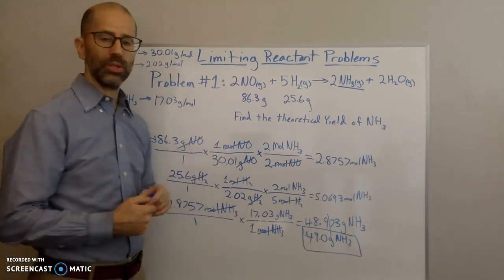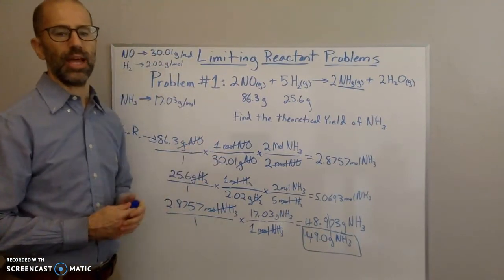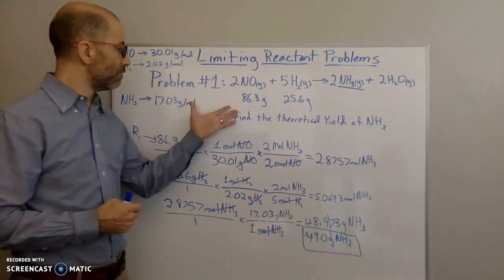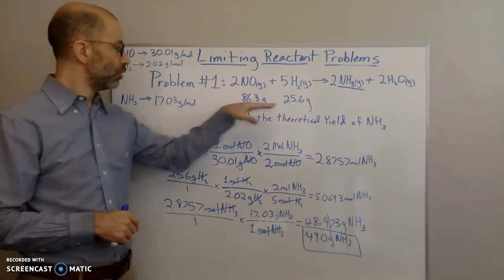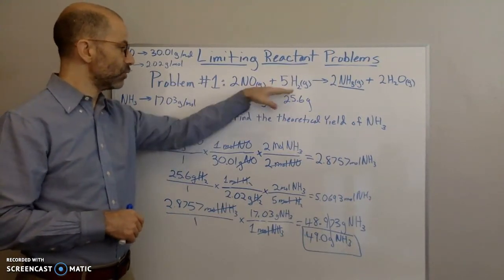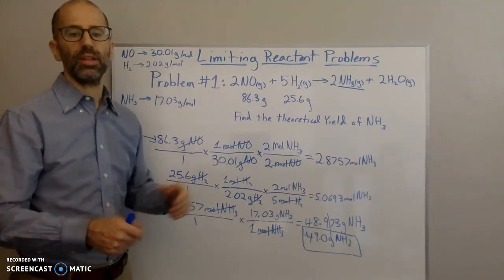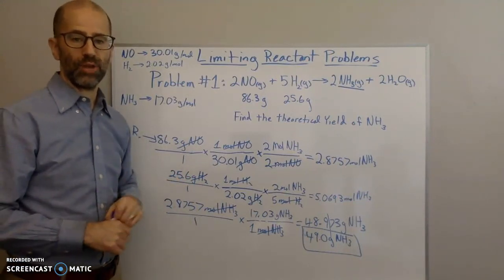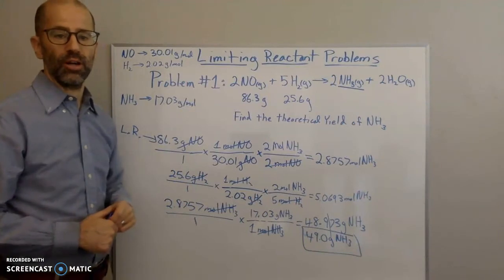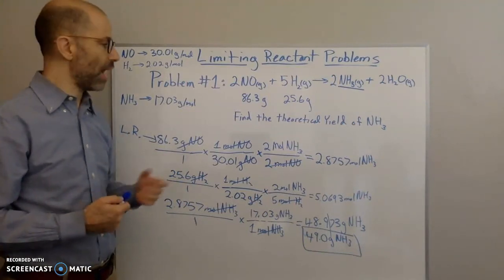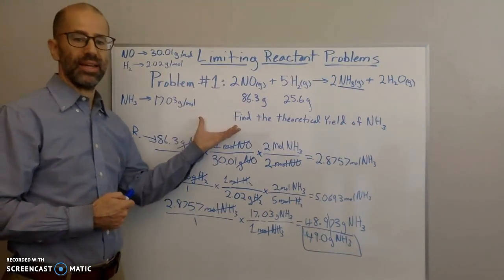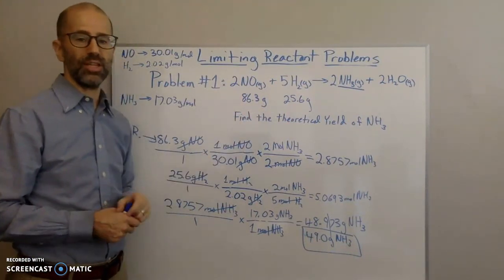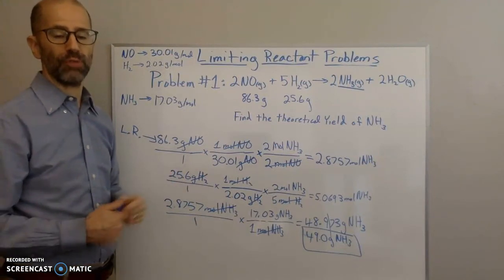I hope this was helpful. This is a good example of a limiting reagent problem. Again, you identify it by the fact that they give you an amount of each of the reactants, and then they say, give me the theoretical yield. They don't say anything about whether or not it's going to react to completion. So you have to test. Maybe it is a limiting reagent, or maybe you do have the exact amounts of each that you need, but you don't know, so you have to figure that out first.